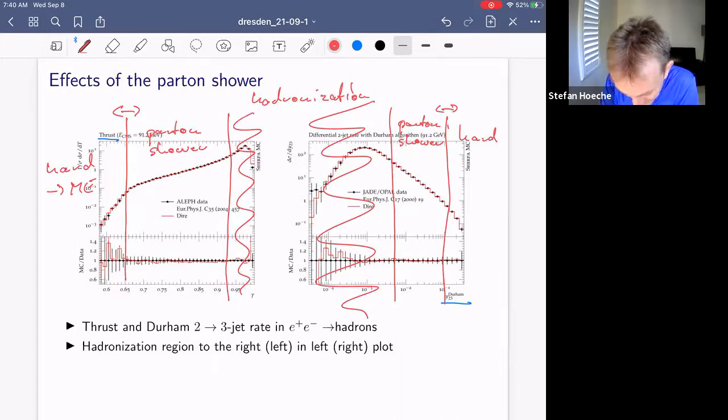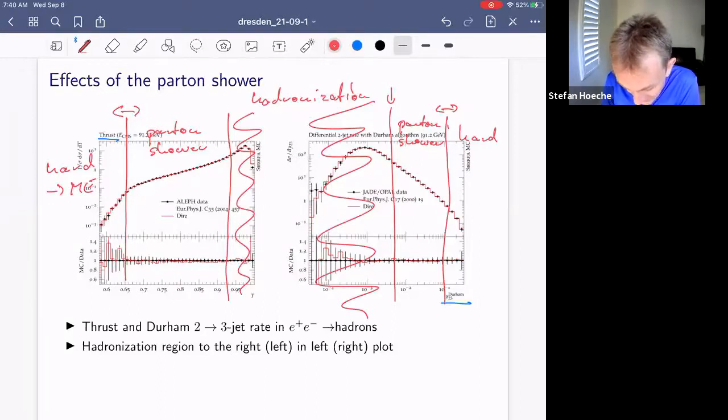But the point is that you can't wiggle so much between the hadronization region and the parton shower, because there are hadron masses and they are fixed. They are measurable. On the right-hand side, this boundary here is essentially determined by the B quark mass, or rather the B hadron mass, and the same is true on the left-hand side.